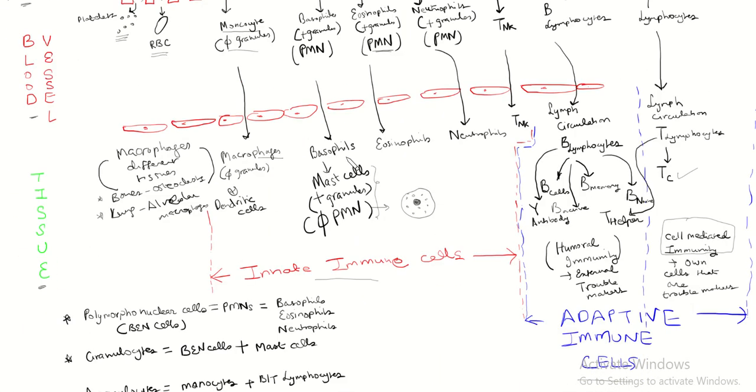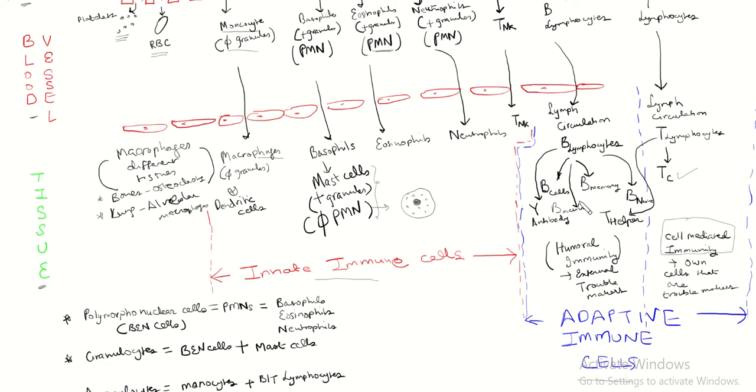Because again, they're not B and T lymphocytes. Easy? Easy. So now we've seen the cells, and now we've seen how the cells go from one space to another. And the way we've divided the immunity was innate immunity and adaptive immunity. In adaptive immunity, we divided into humoral and cell-mediated immunity. Well, guess what? We've actually divided all our soldiers and categorized them.